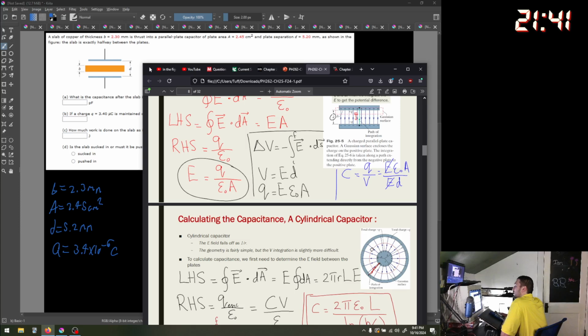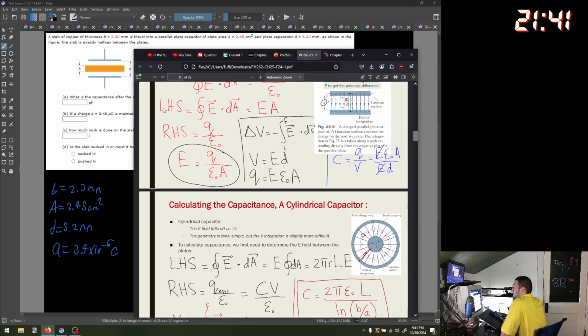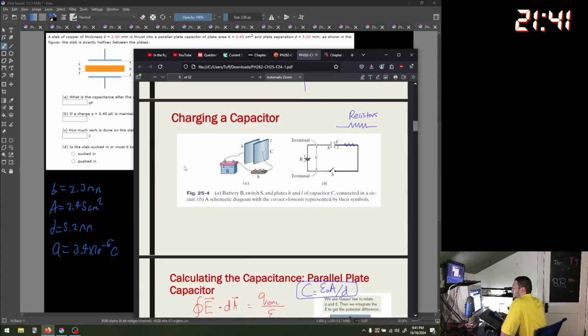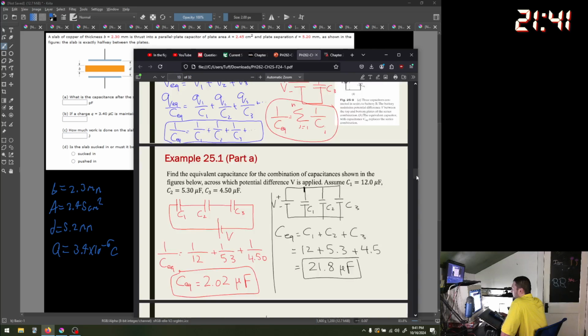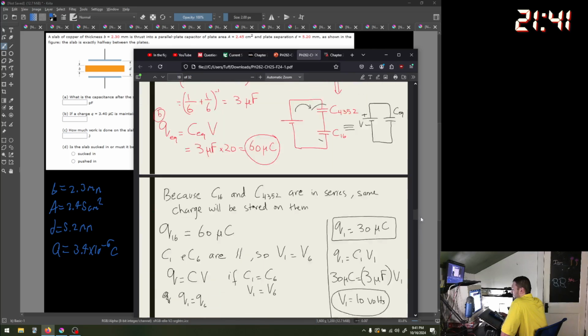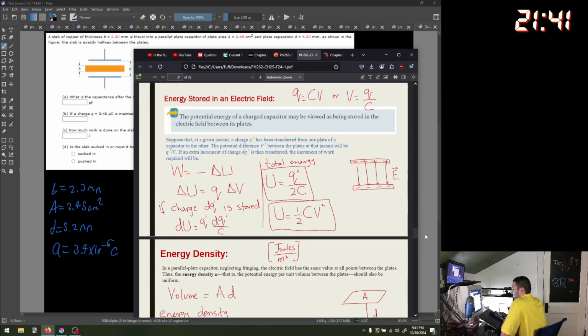I think it'd be Q over epsilon 0 A. Here's energy stored right here.